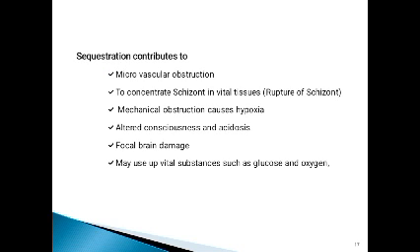Sequestration contributes to microvascular obstruction, to concentration of schizonts in vital tissues, and to rupture of schizonts. Mechanical obstruction causes hypoxia, altered consciousness, and acidosis. Focal brain damage may use up vital substances such as glucose and oxygen.